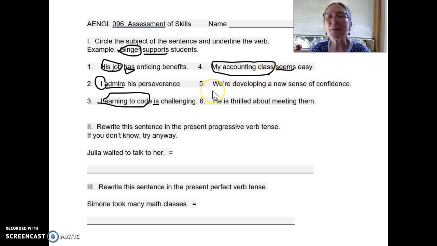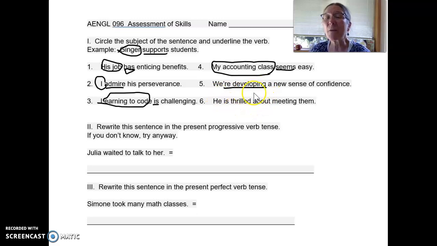All right, number 5. Again, I'm going to ask you to change this to the past. Okay, what changed? We are developing changes to we were developing or we developed, right? We developed would be the past tense of this present progressive verb. So there's the verb.